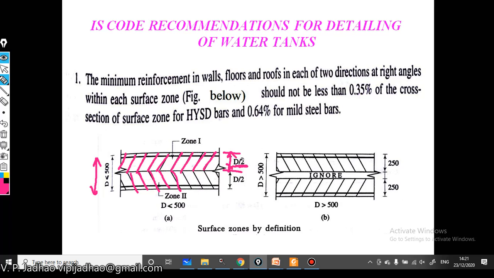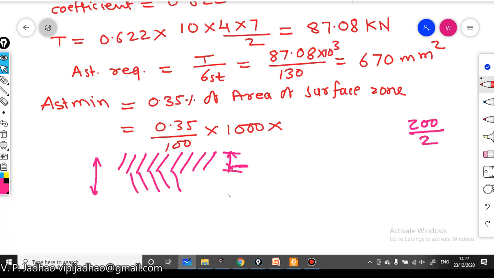Therefore we take the depth for calculating AST minimum as d by 2, that is, our thickness is 200 mm, so we take 200 divided by 2, because it is the area of surface zone.